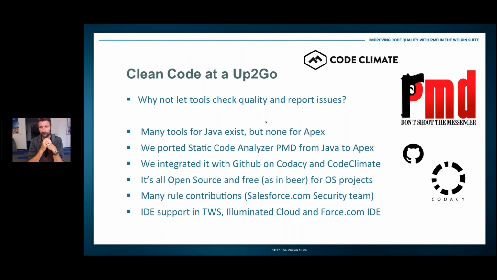So what we did, we made PMD understand Apex, and then we took many of the Java rules, around 30, and ported them to Apex. We also added some Apex-specific rules, like SOQL doesn't exist in the Java world, so we created our own rules.